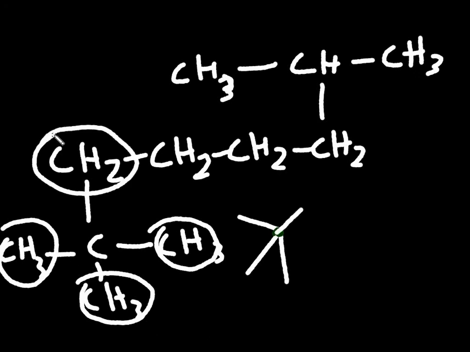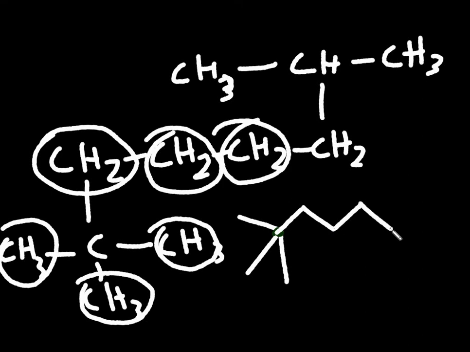It's that CH2. There's another CH2. Another CH2. Another CH2. And let me make that in red, different color for my videos. These are your CH2s. 1, 2, 3. 1, 2, 3.